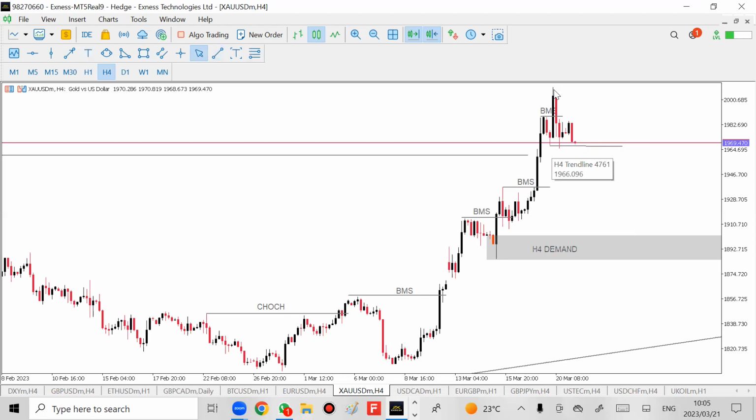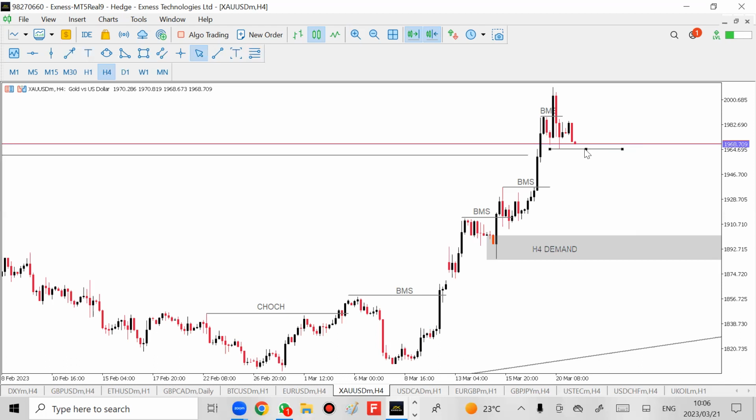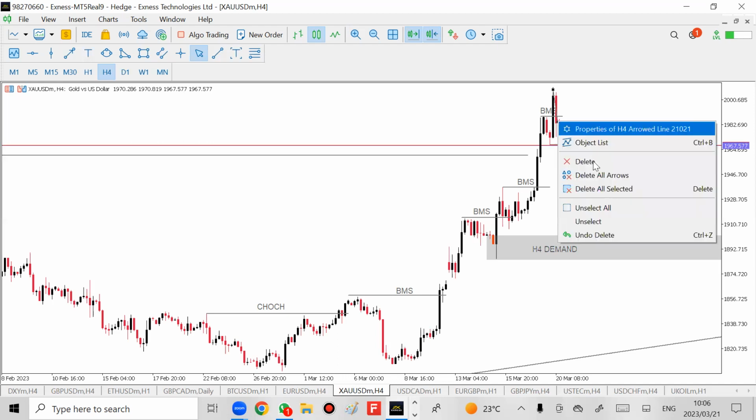So price came and just grabbed liquidity. The candles never closed below. Let me enlarge it. You could see this was the last higher low. Price came and retraced, but this retracement was to grab liquidity away from this bullish order block.